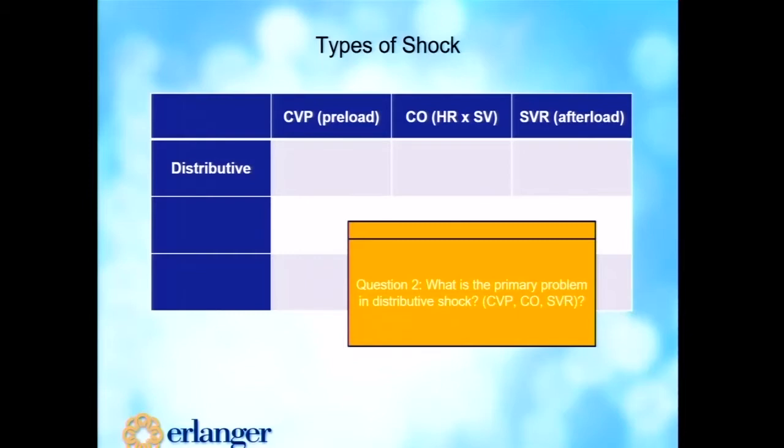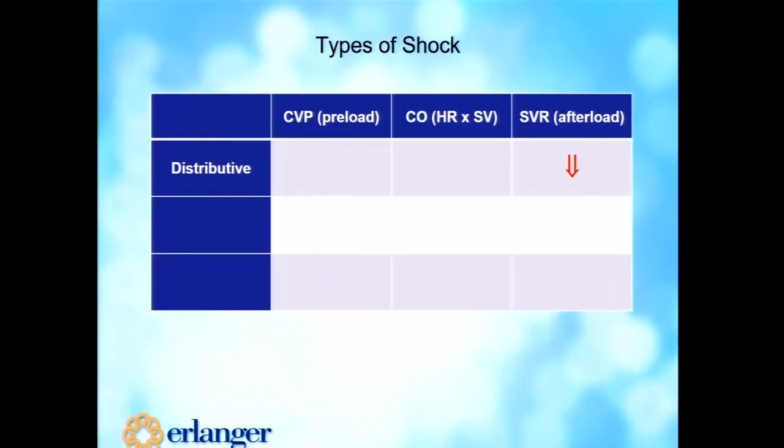Well, 50-50, you were close. It's low. So your SVR is your primary issue. You have a loss of vascular tone. So if you think about it, your systemic vascular resistance is really low, so you have very dilated blood vessels.